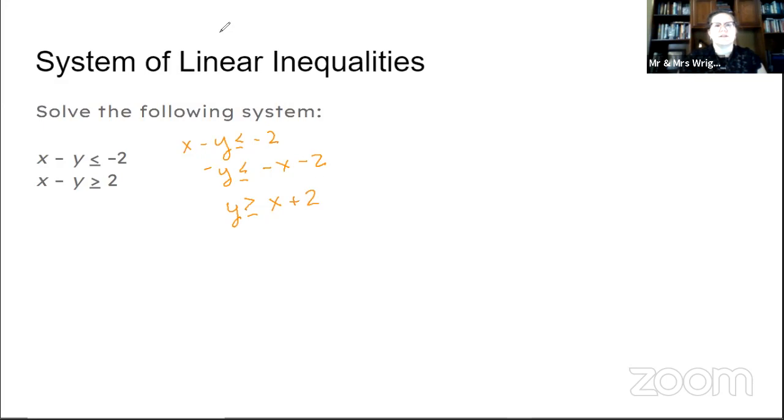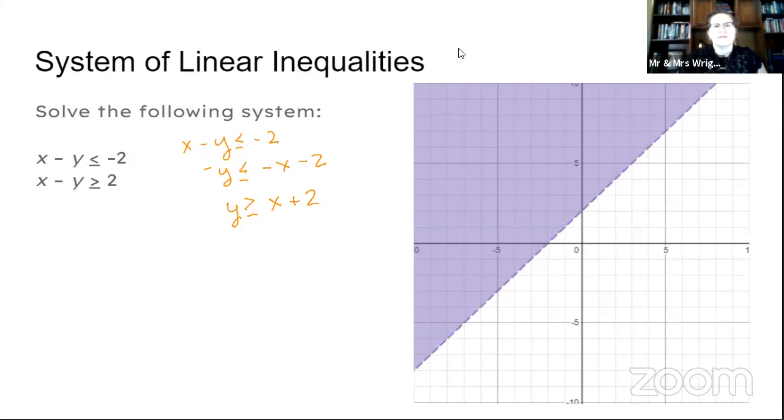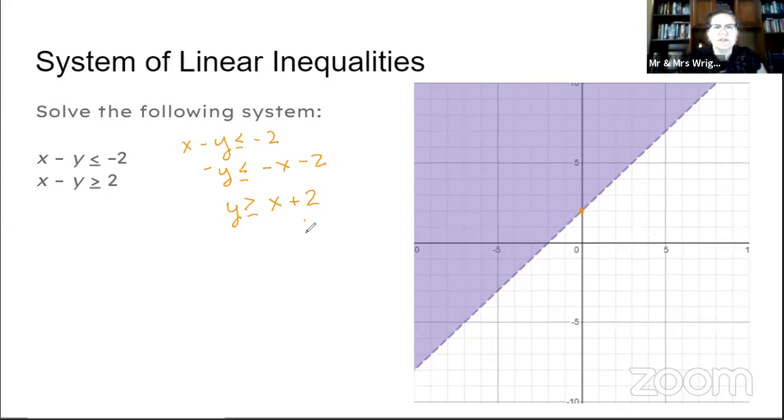We can actually go ahead and look at that graphed. And we have a positive 2 is our b. So our positive 2 is right here. That's our b. B equals positive 2. And then m in this case is 1 over 1. So we're going to go up 1 over 1, up 1 over 1, etc. And you can see that this is supposed to be greater than or equal to.